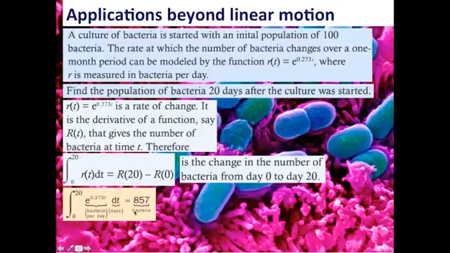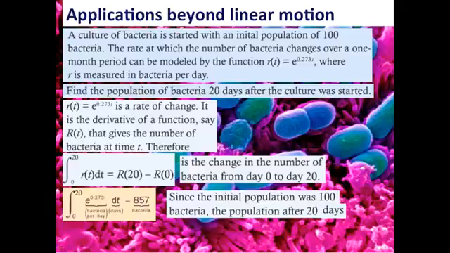This, however, is not the final answer, because this constitutes the change in population between time t equals 20 and time t equals 0. So we know that we've got a change of 857 bacteria over the period. However, we also know that the initial population was 100 bacteria.